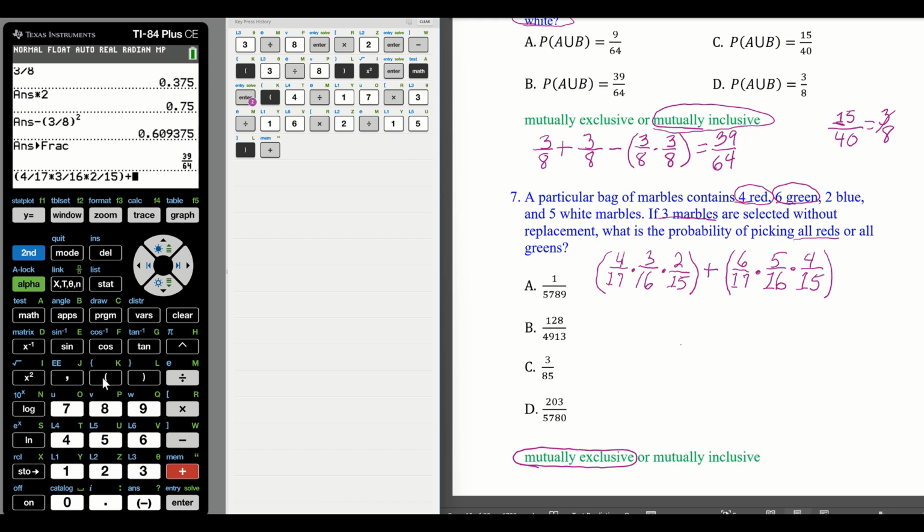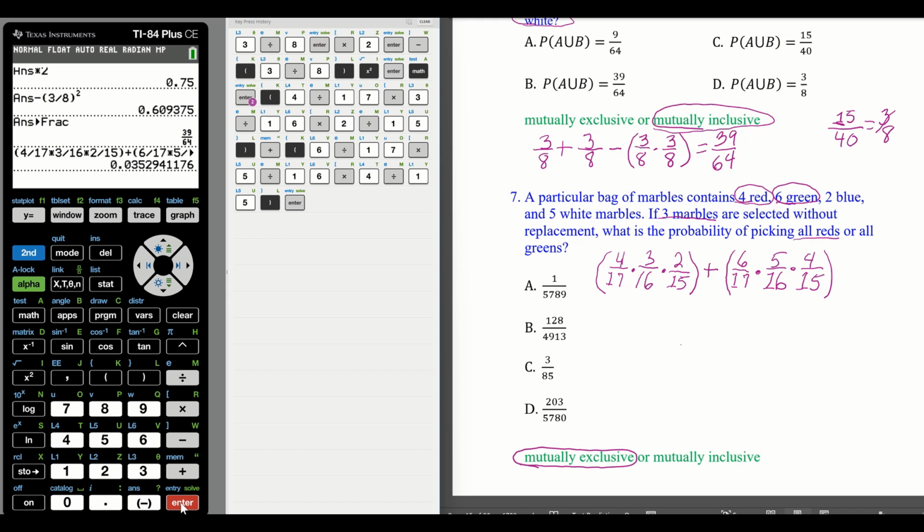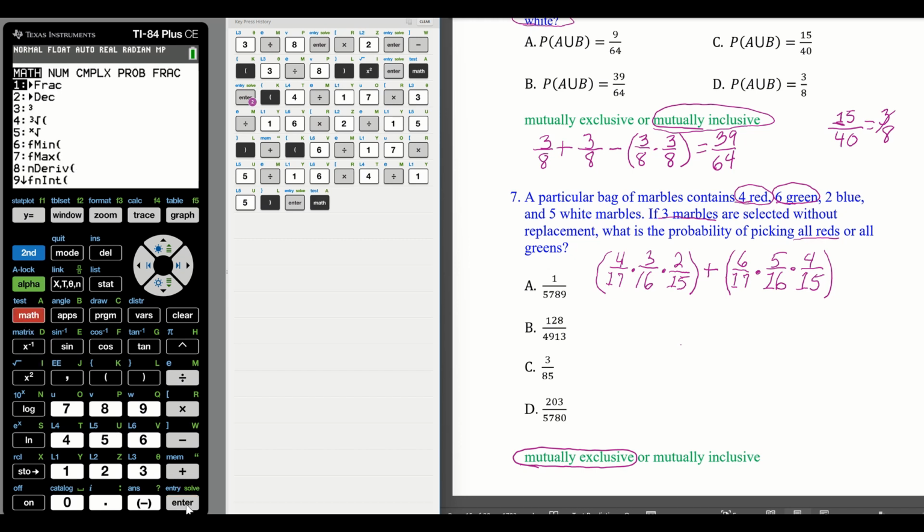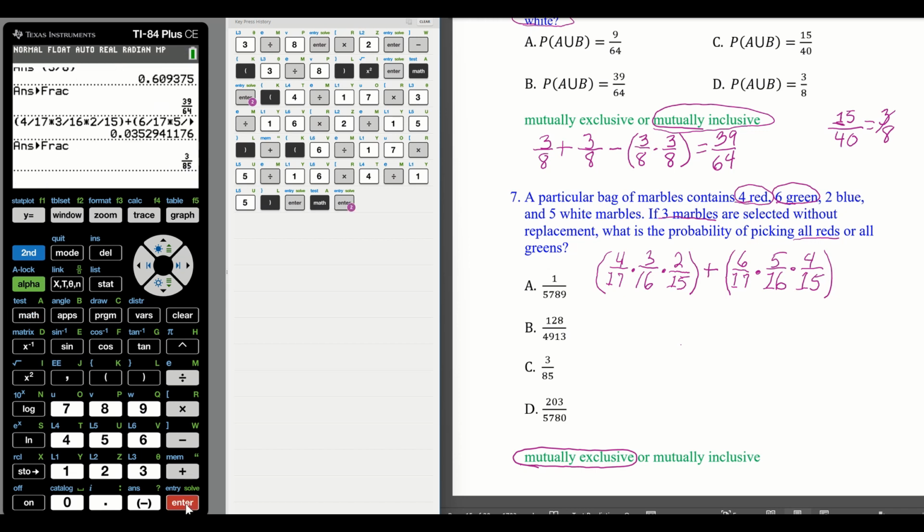Going to add. So open my parentheses. 6 divided by 17 times 5 divided by 16 times 4 divided by 15. Close my parentheses. Enter. We need a fraction. So let's check and see what that fraction looks like. Enter, enter. 3 out of 85. And that is option C.